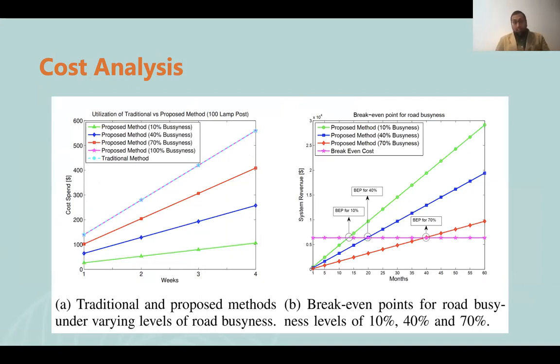If the road is overall 10% busy, we can see how much cost we can save and how we get our return on investment. If the road is 10% busy, we can get the return on investment within 1 year, and if it is less busy, the savings will increase. It depends on how much energy you need.